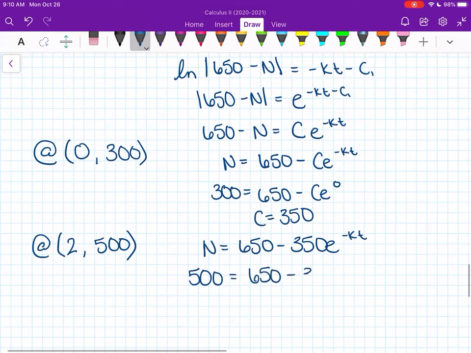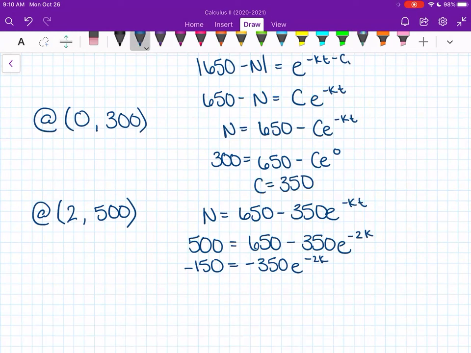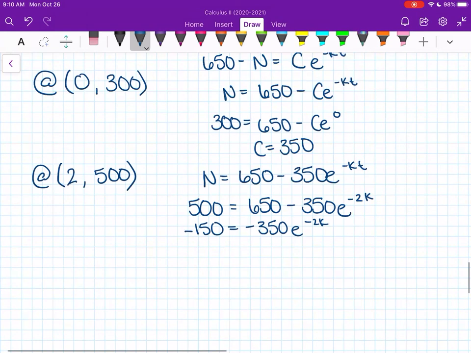We're going to plug in 500 for n, and we're going to plug in 2 for t. So negative 2k is my exponent. Then I subtract 650, so I get negative 150 equals negative 350 e to the negative 2k.